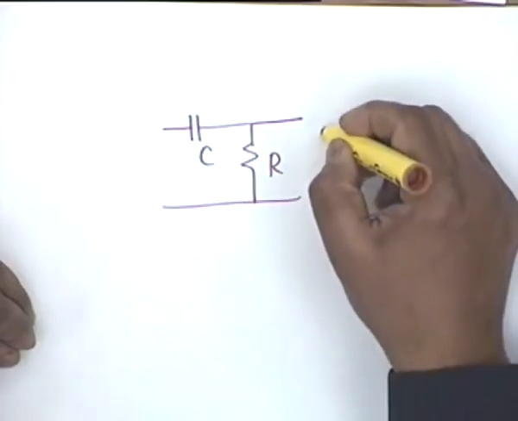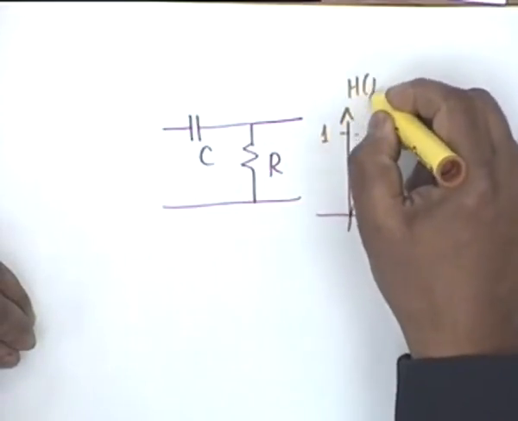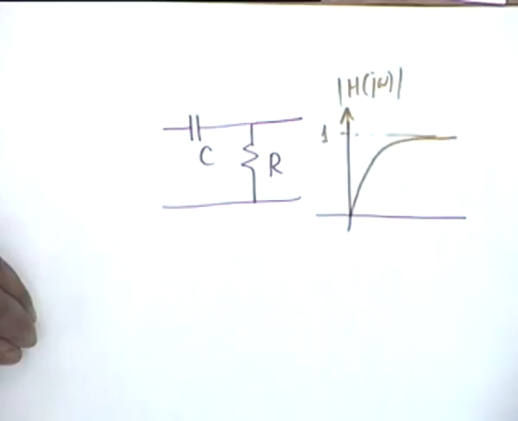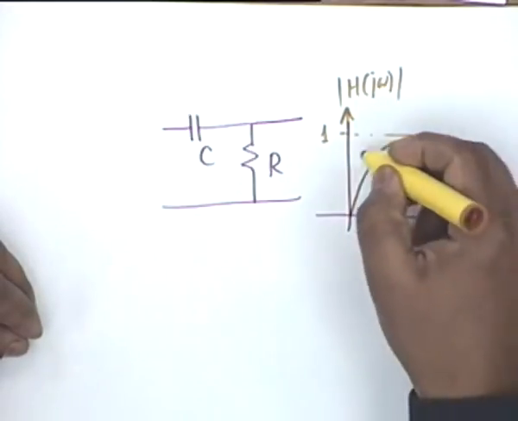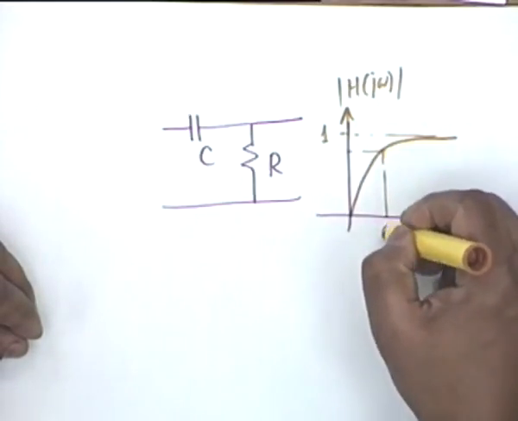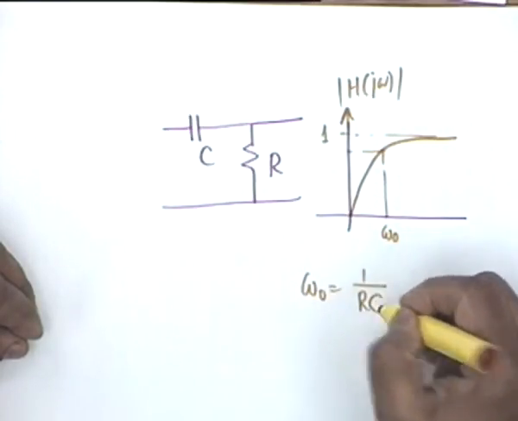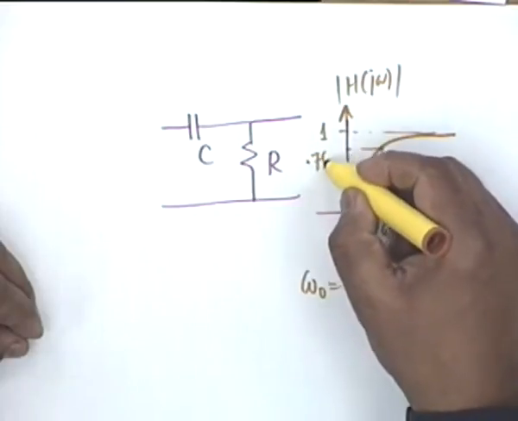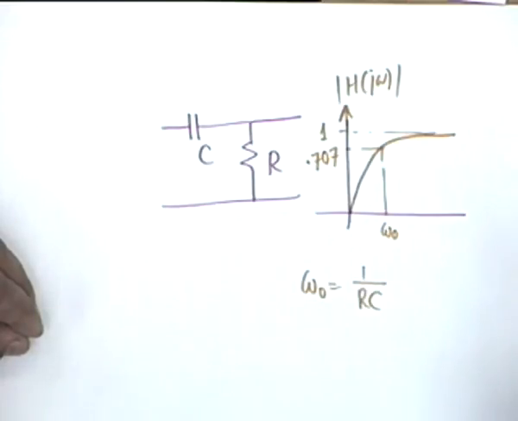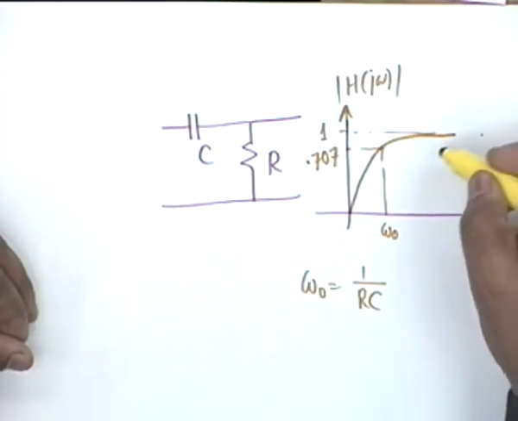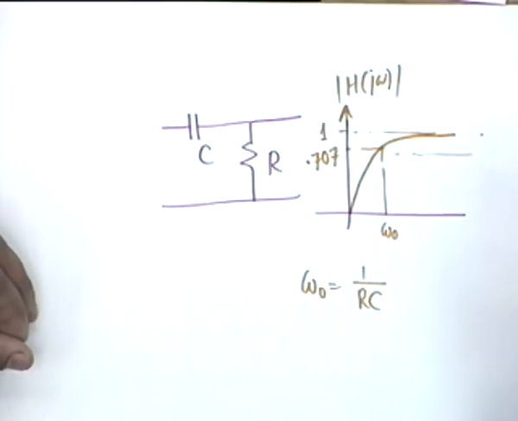At infinite frequencies, the value of the magnitude of H of j omega is 1, and at omega 0, which is again equal to 1 over RC, the value is 0.707, or 1 by root 2. In terms of decibels, this level corresponds to minus 3 dB, and omega 0 is again called the 3 dB cutoff.